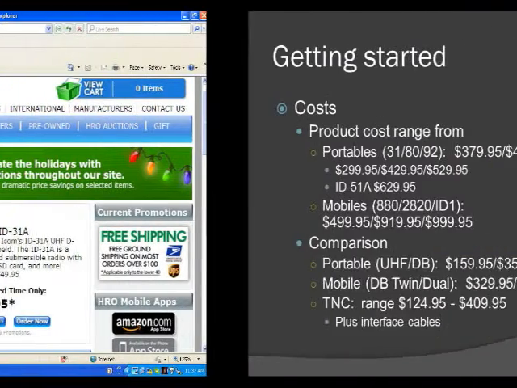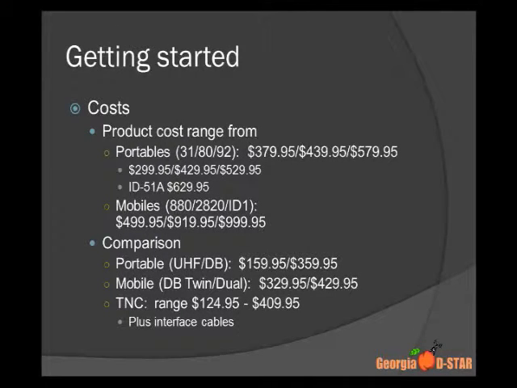Continuing on with our comparisons, one of the things that always comes up is people saying D-STAR radios are expensive, but look at the capabilities that you get with a D-STAR radio. It is capable of voice and data.